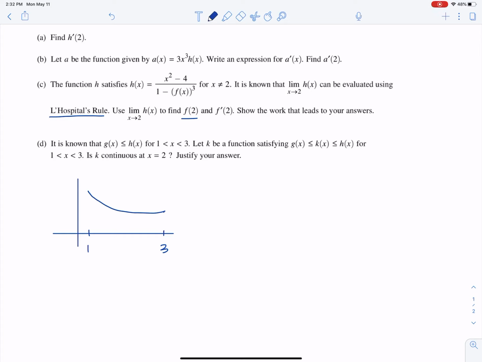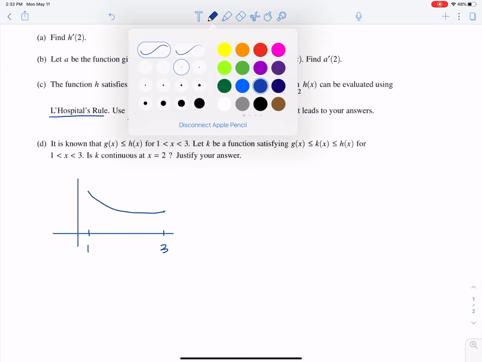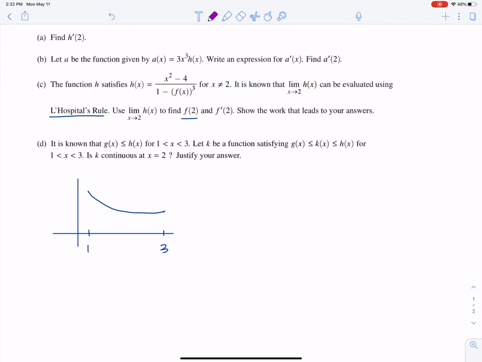Except we do know, and I want to make a note of this, I'll do this in purple, at 2 both of them equal the same thing. They both equal 4. So maybe h of x looks something like this, right? Hopefully that makes sense to you. The only reason is we know at 2 they're both equal to the same value, but otherwise h of x is greater than g of x.